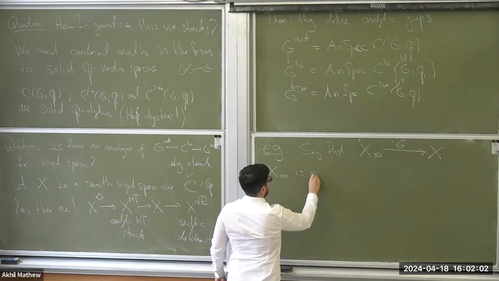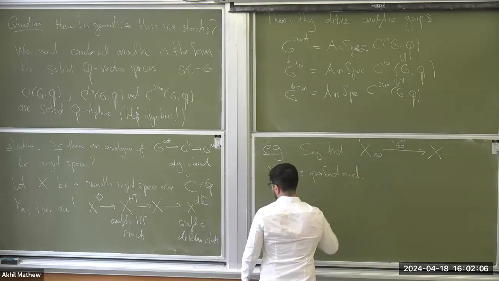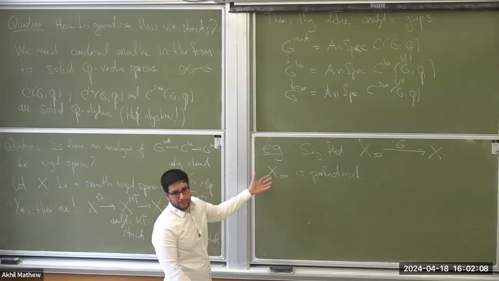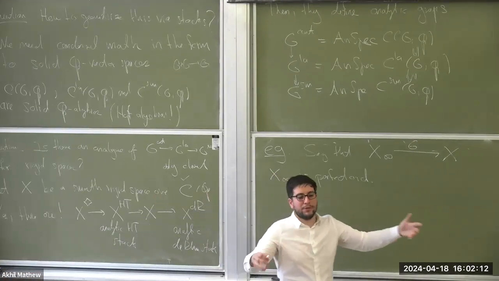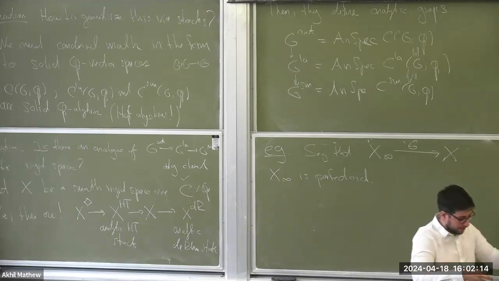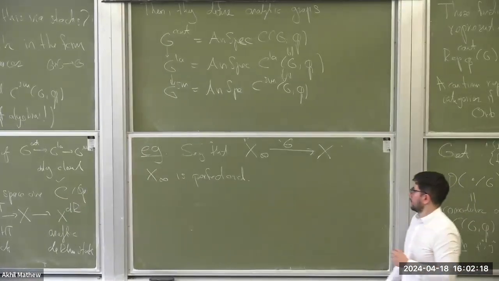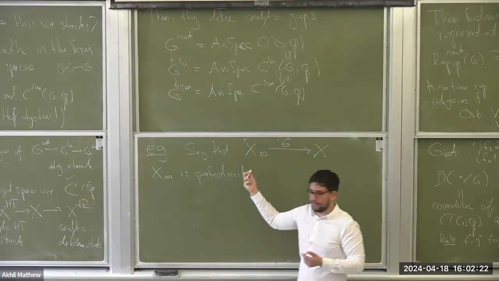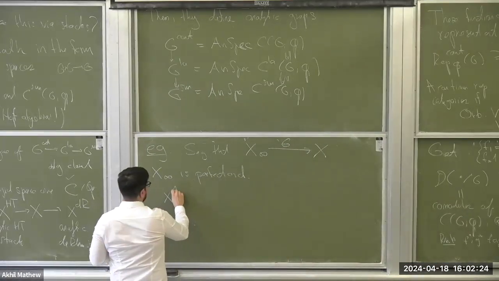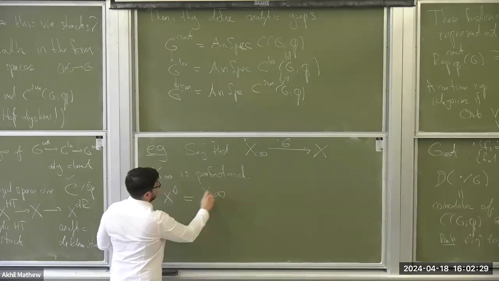Then the way you compute the diamond of a space is you cover by perfect spaces and pin down the perfect equivalence relations mapping into that. In this case, the perfect space is X infinity and the equivalence relation is G. So this diamond is going to be X infinity as a perfect space.